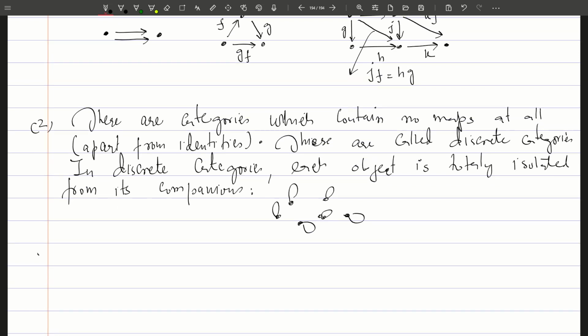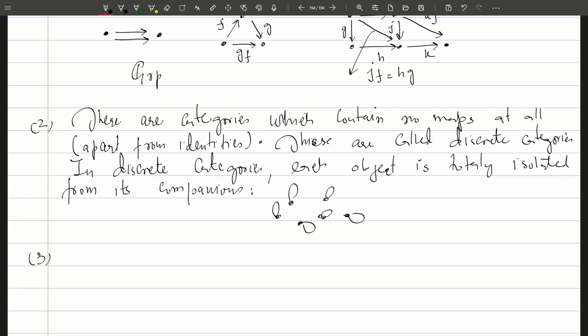Now let us do one more example. We know there is the category GRP, the category of all groups, but we can view a group as a category that has only one object and in which all the maps are isomorphisms.